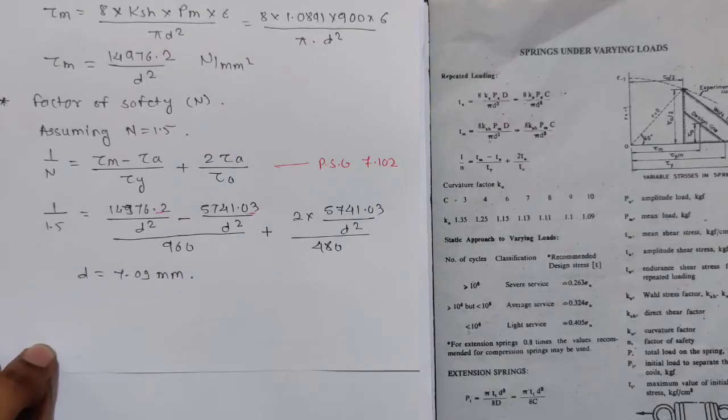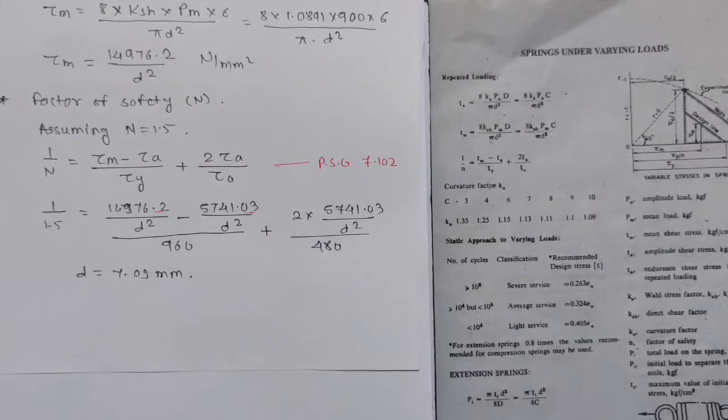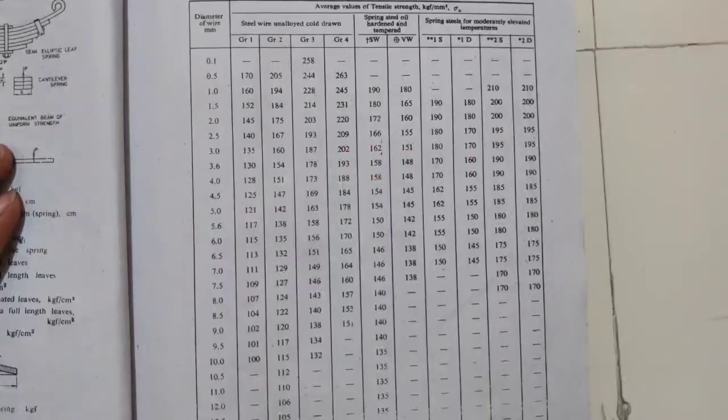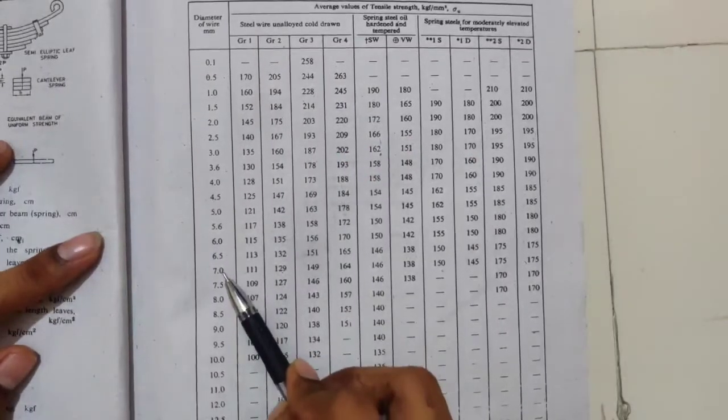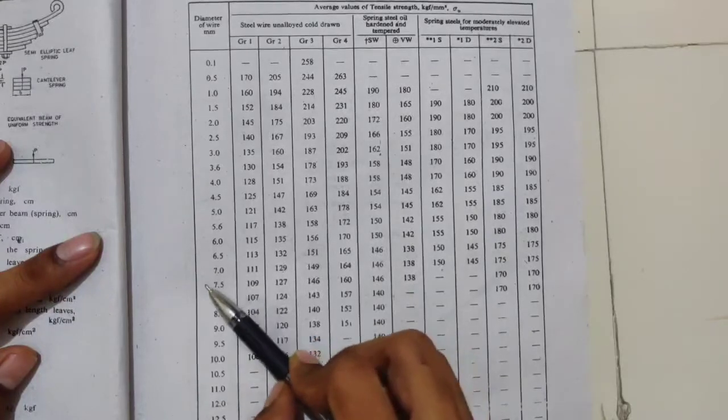Alright, 7.09 mm. Now we can go for PSG 7.105. There we can find the standard diameter. So you can see 7.10, so it is between this. So the next standard diameter is 7.5.